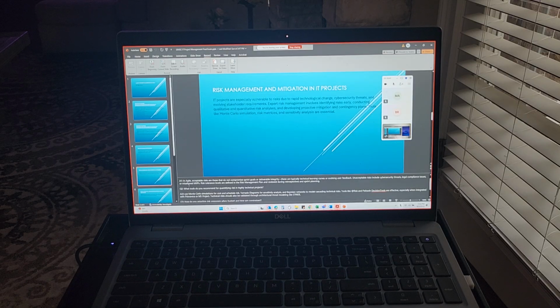Tools like @RISK, Palisade's DecisionTools are very effective, especially when integrated with Primavera or MS Project. Technical risk should also be validated through architectural threat modeling like STRIDE.